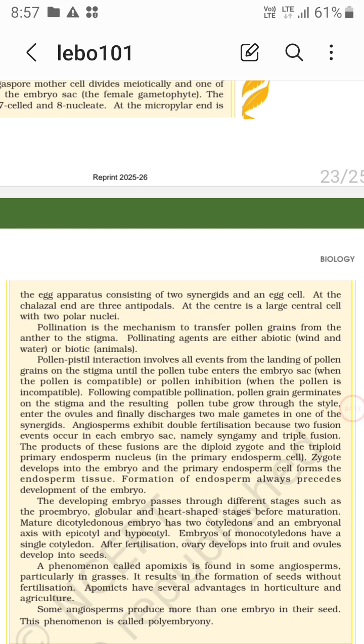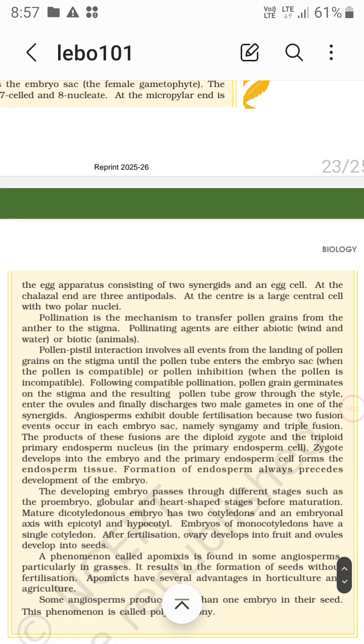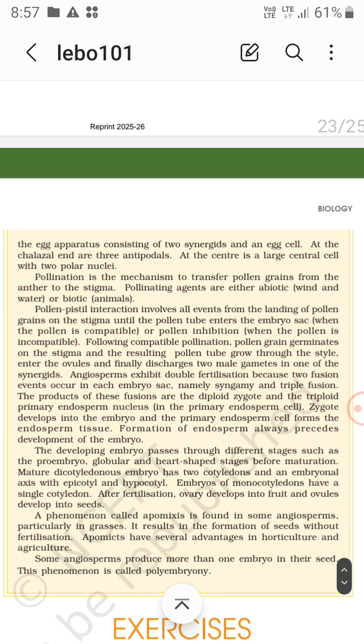At the chalazal end there are three antipodals, and at the center is a large central cell with two polar nuclei.